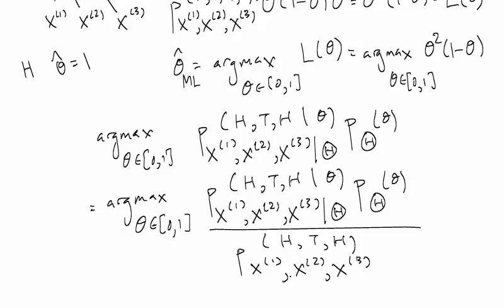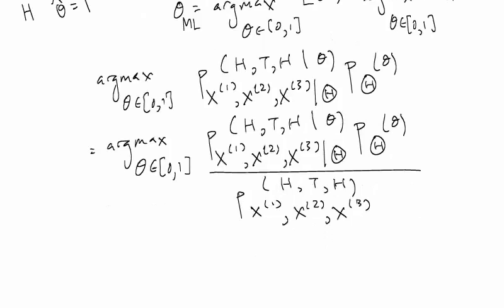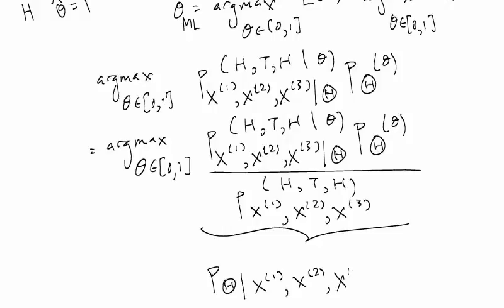So this thing here is the posterior. This is just p of capital Theta given x1, x2, and x3, evaluated at little theta given heads, tails, heads.